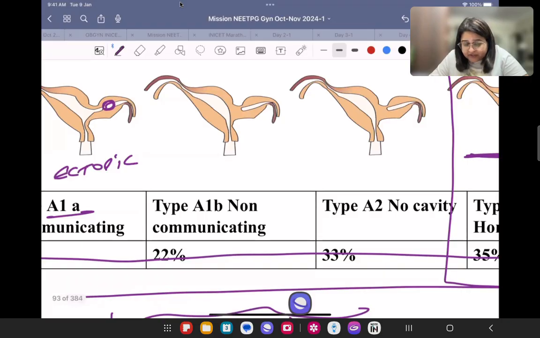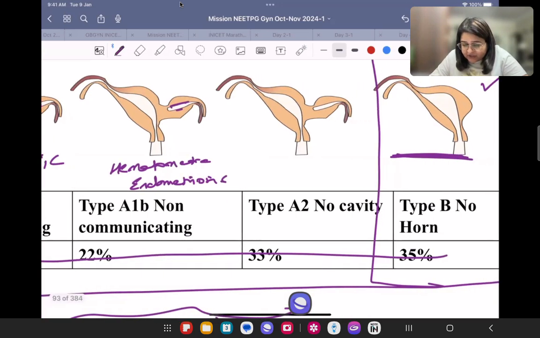When there is no communication, what can happen? But it is functional. Here you can have a hematometra or endometriosis kind of picture. And this picture is drawn wrongly. This is basically no communication and no cavity also. It should be like this. Okay, in this there is nothing. In this and this, there will be similar presentation.